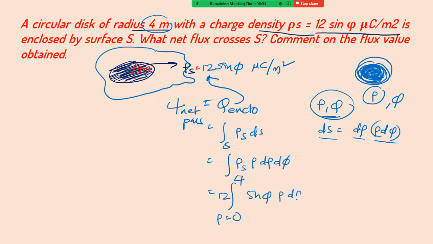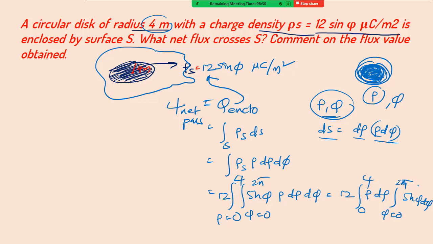Rho d rho is variable, d phi is variable, so it is equal to 12 integral rho d rho and integral sine phi d phi. Okay, so rho changes from 0 to 4. Here for the surface integral, phi is also changing from 0 to 2 pi. So phi is equal to 0 to 2 pi.